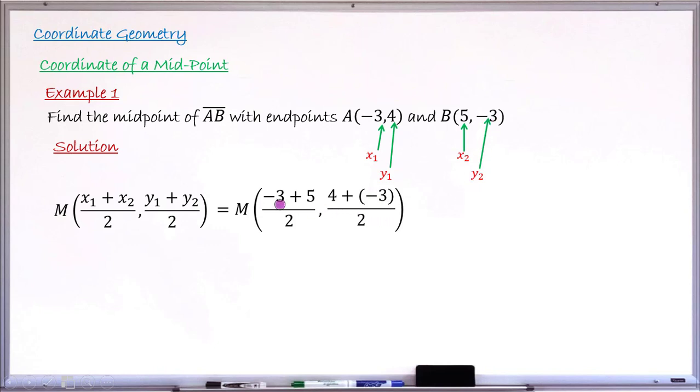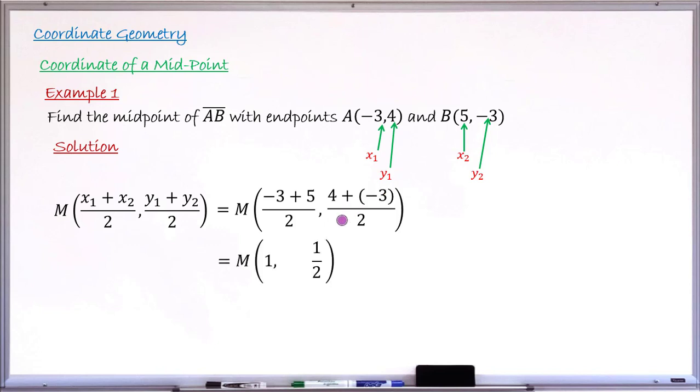So what remains is to simplify these brackets. -3 plus 5 will give the result positive 2, and that positive 2 divided by 2 will give you 1. That is the x coordinate of the midpoint. Similarly, 4 plus minus 3, plus times minus is minus. So in the numerator you have 4 minus 3, which gives you 1, and you have 1 over 2.